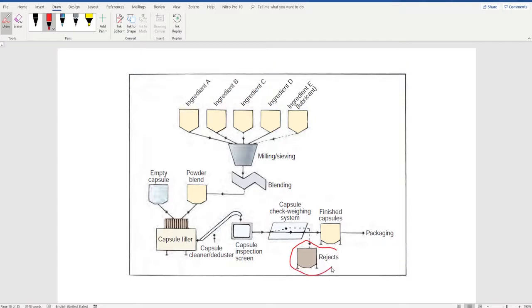This is automatic. The good ones go on. Don't forget, here we have cleaning after the capsules are rejected. The finished ones get packaged. The finished capsules go for quality control tests.